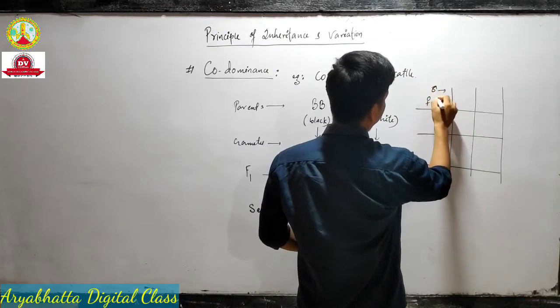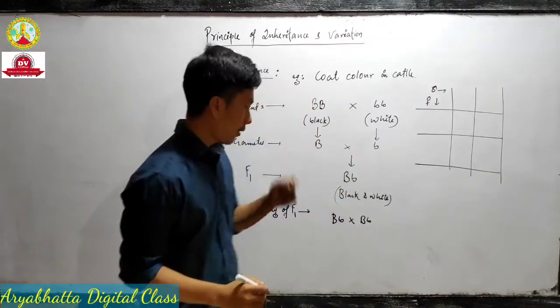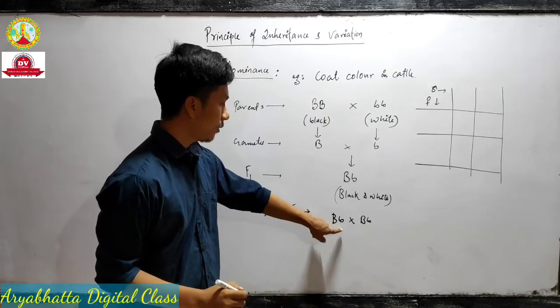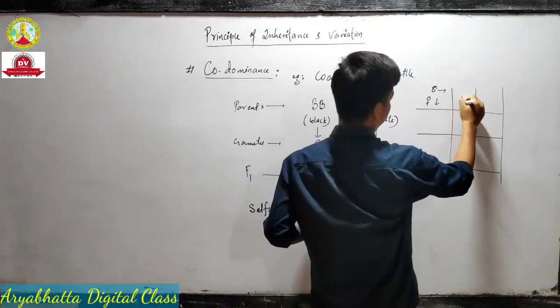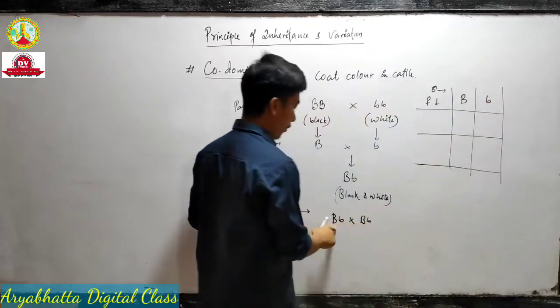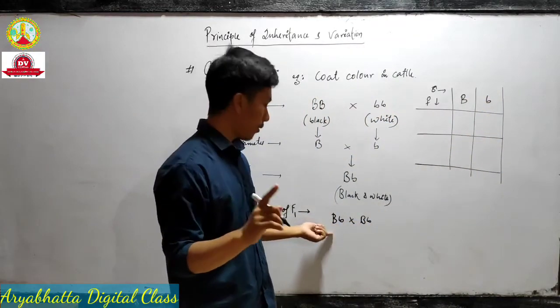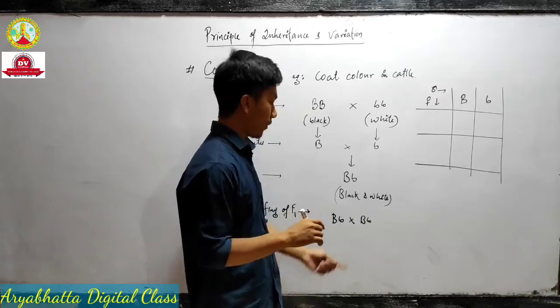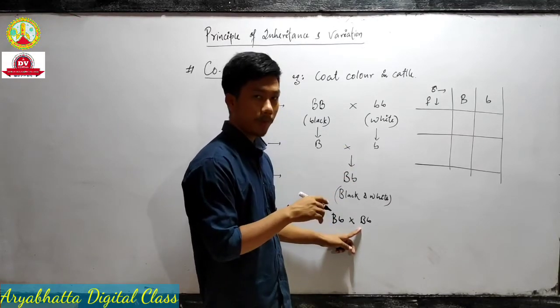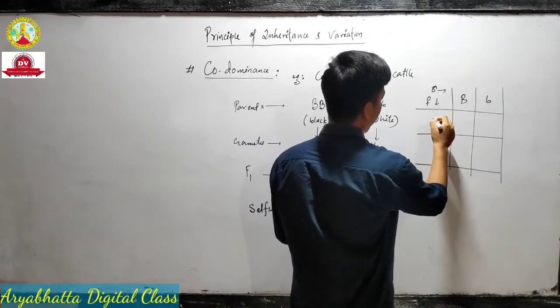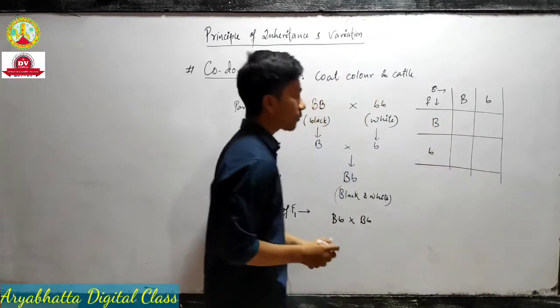At the top we will write male, below we will write female. So we have B, assume this is male, capital B and small b. There is nothing to make any crosses here because there are only 2 alleles. So below we write the female parents. So B, small b, right?